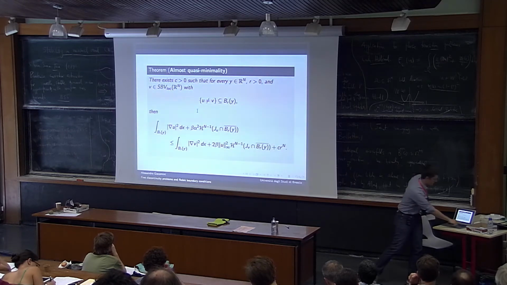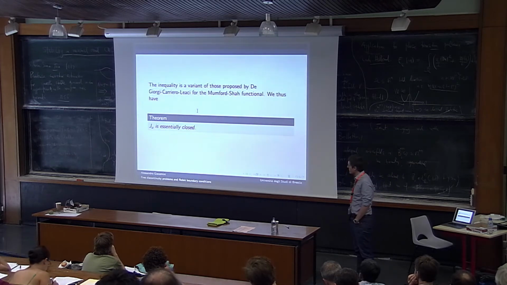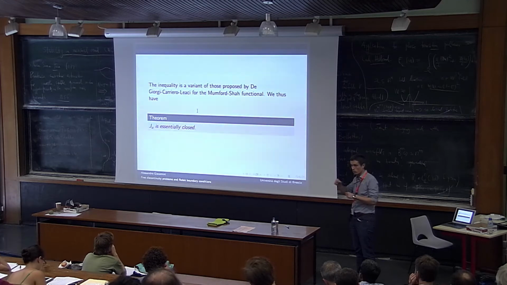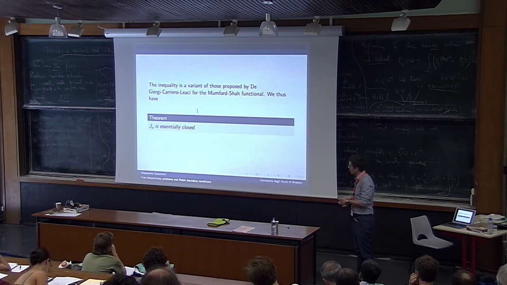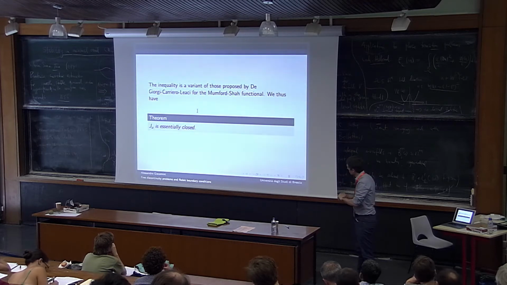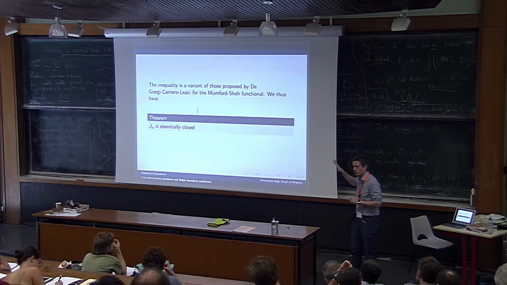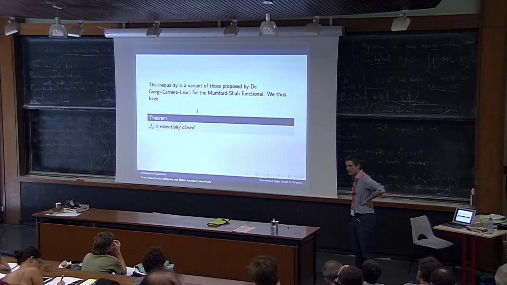That is, the conclusion is that the jump set is topologically regular. So it's an essentially closed set. If we take the closure, then the set is not increased too much, because the H^(n-1) measure of the closure of J_u minus J_u is equal to 0. So J_u can be considered as a closed set. So the picture that I alluded to before, with a function with a dense jump set, cannot occur for minimizers of this free discontinuity functional.